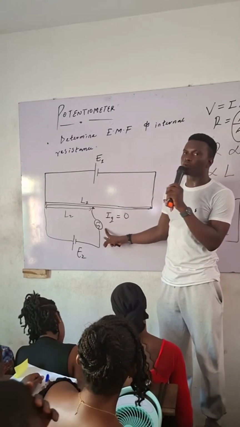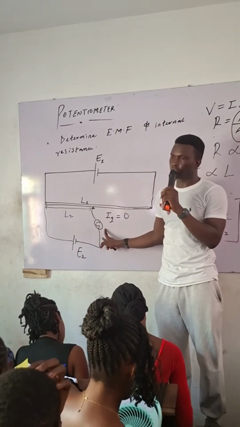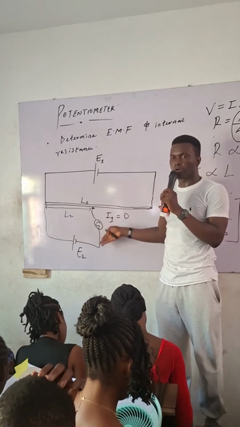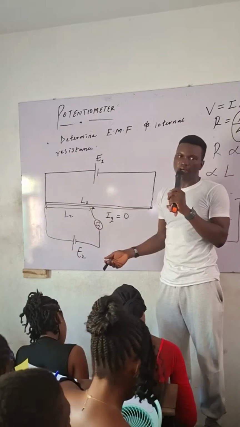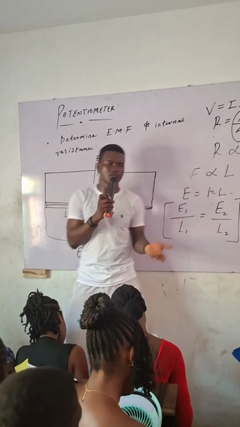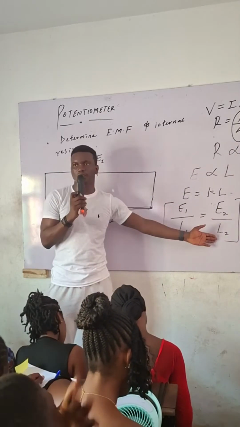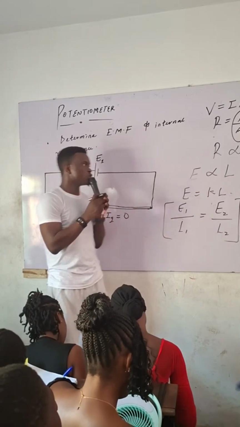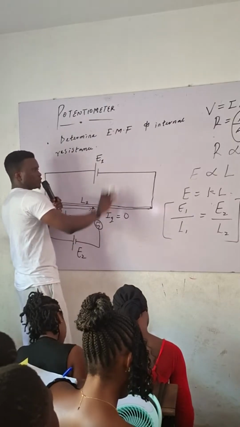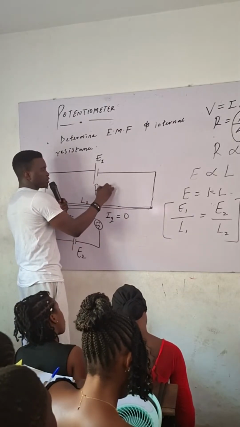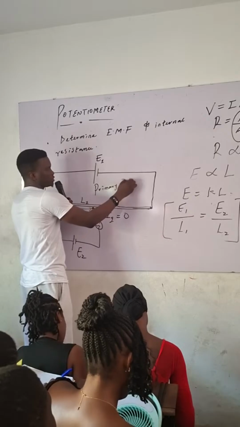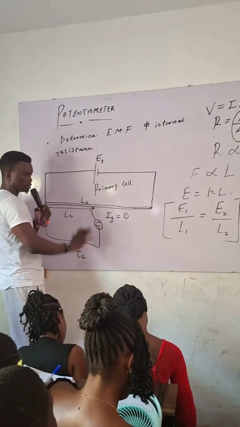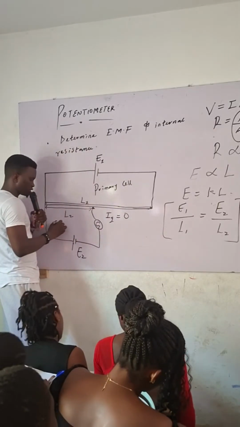When the galvanometer shows no deflection, meaning current is not flowing through the galvanometer. Sometimes the cell you know can be called the primary cell, while the other one that you don't know can be called the secondary cell.